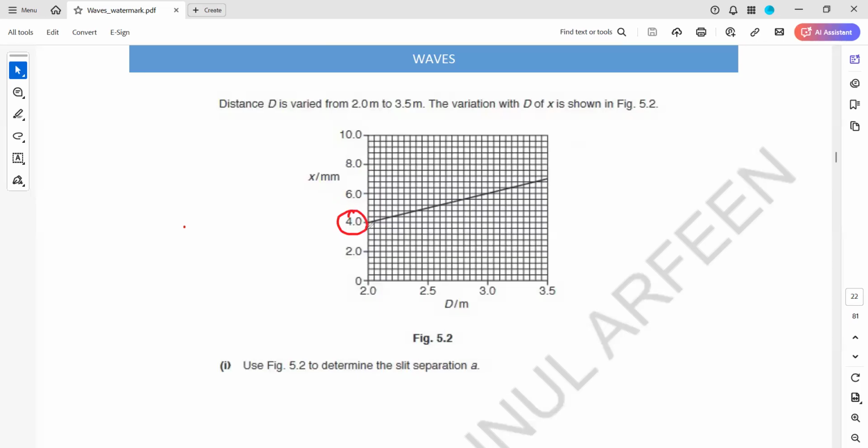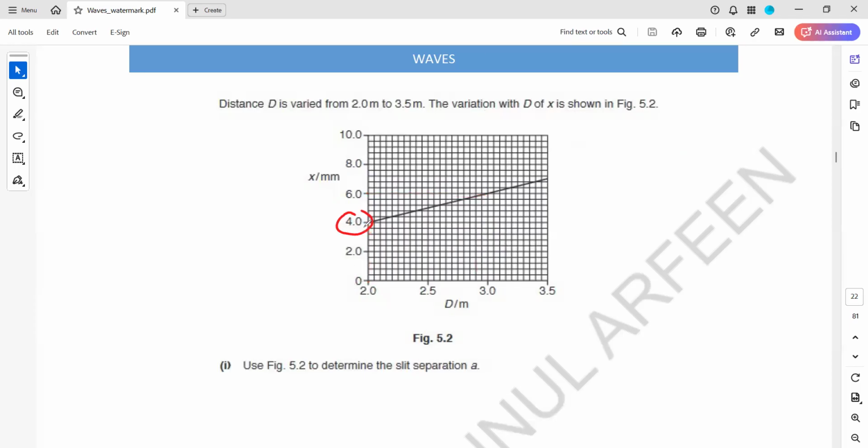For a single value of x, I need a specific value of d, since lambda equals ax over d. So we can also use a value of x, and for that value of x, find the value of d. If I take x as 4 millimeters, the value of d is 2. If I take x as 6 millimeters, the value of d is about 2.9 or 2.95.